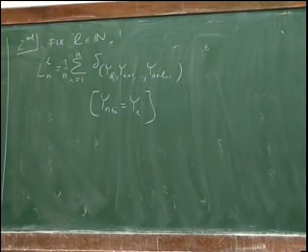Now, what kind of object is this? This is a random probability, but not on gamma.